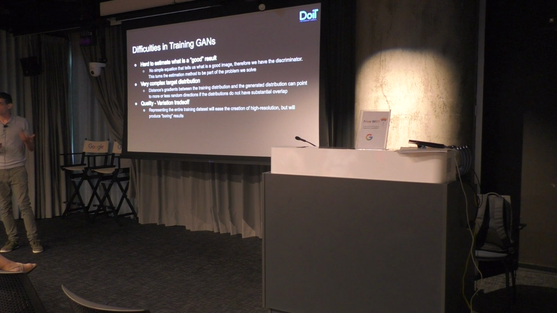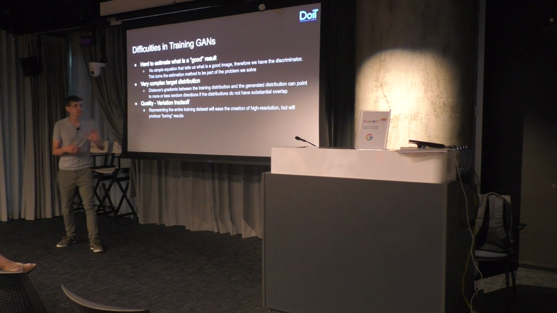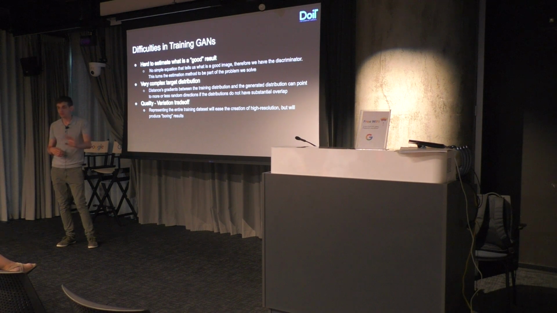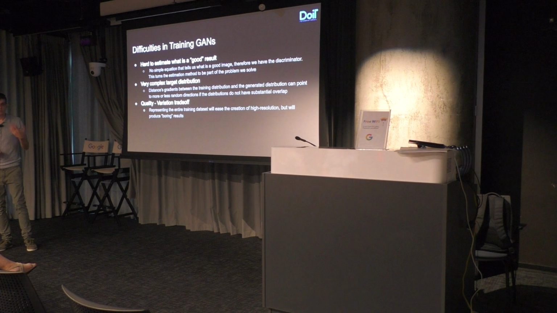Because no matter what the generator is generating, the discriminator is always telling you, no, I can figure it out pretty easily, this is all fake. So it means that no matter what you change, you get the same result, and the gradients are 0.